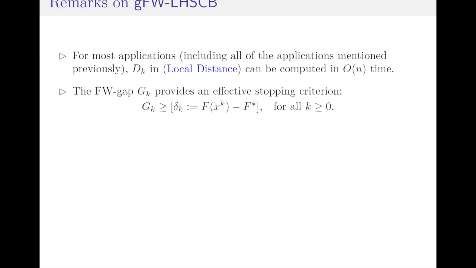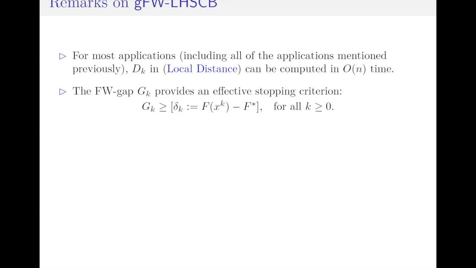And another thing I should mention is that the Frank-Wolfe gap is actually an upper bound for the objective gap. This is well known in the Frank-Wolfe literature, and it is all because of the convexity of the problem. This is very simple, but I should mention it because a lot of times we are interested not only in the convergence or the complexity of this delta k here.